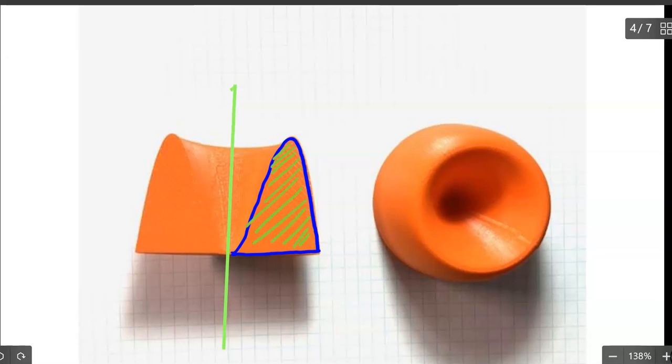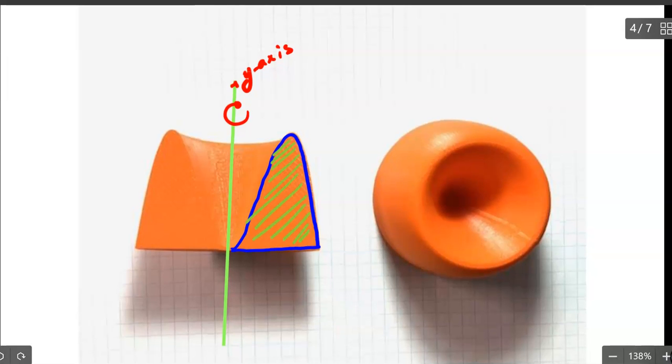So this is my y-axis, and then what we are having is we rotate about the y-axis and it turned into this kind of shape. So this value here is x equal to 0.